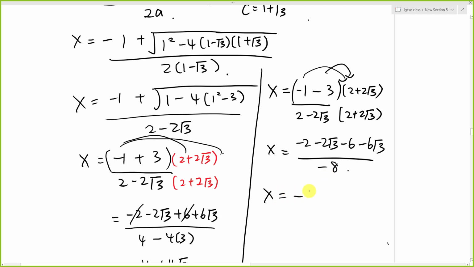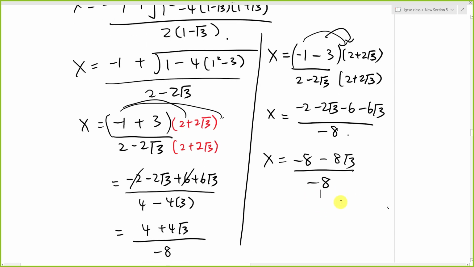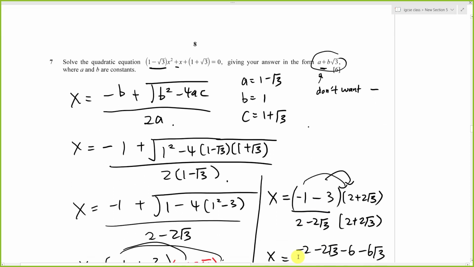Then I will get negative 8 minus 8 root 3 divided by negative 8. So this is the reason why they got the second answer, which is 1 plus root 3. Both numbers can be divided by 8, so give your answer in this form.